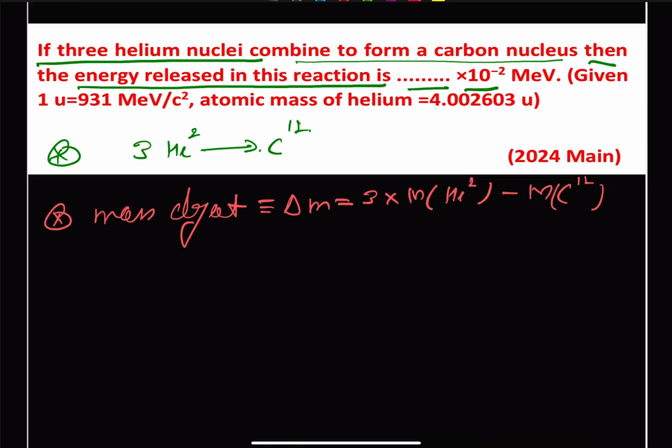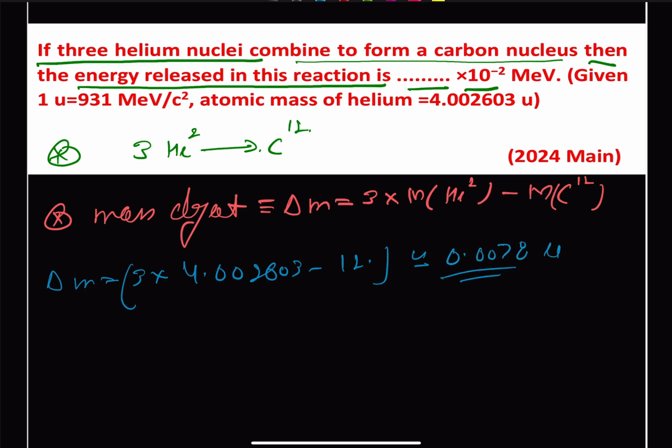So we get delta M is equal to 3 times 4.002603 minus 12. Exactly it is 12. This comes as approximately equal to 0.0078 AMU.